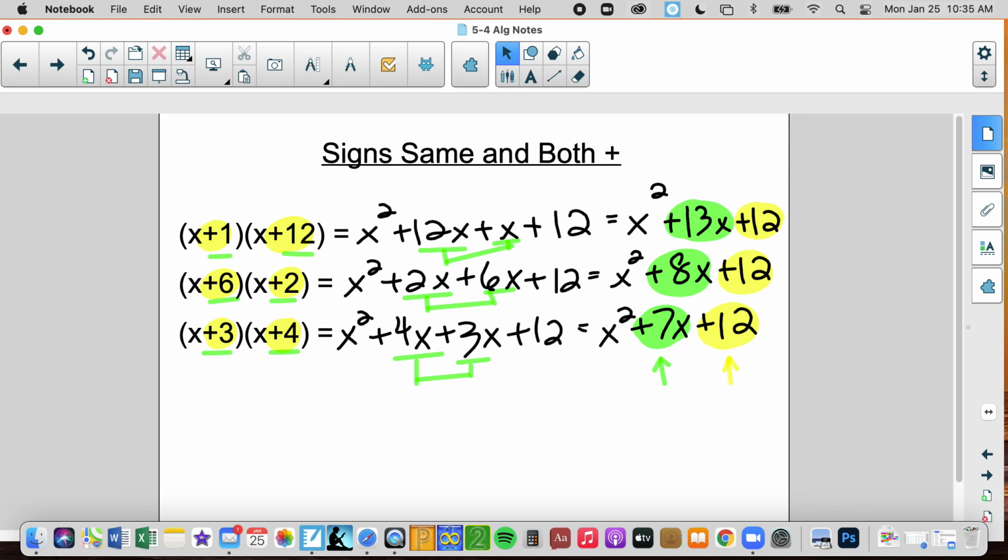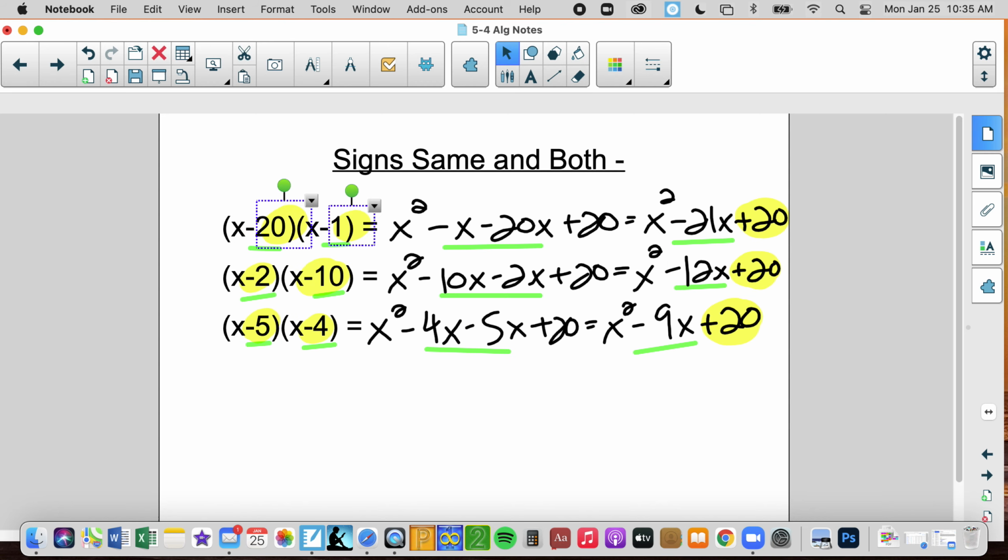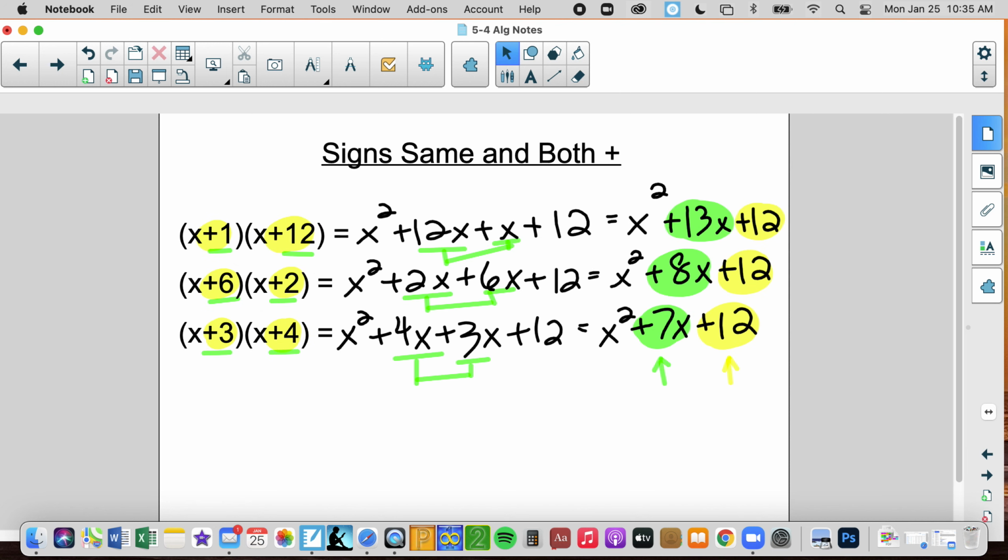A positive times a positive is always going to produce a positive. And a negative times a negative is always going to produce a positive. And we notice that when we add the same signs, we just get a bigger negative. We have a negative plus a negative gave us a bigger negative. When we had a positive 1 and a positive 12, that gave me a bigger positive.